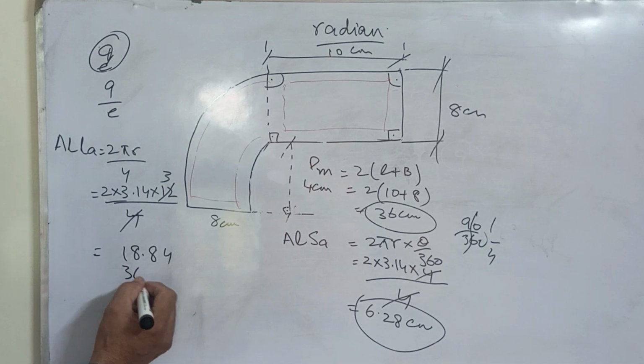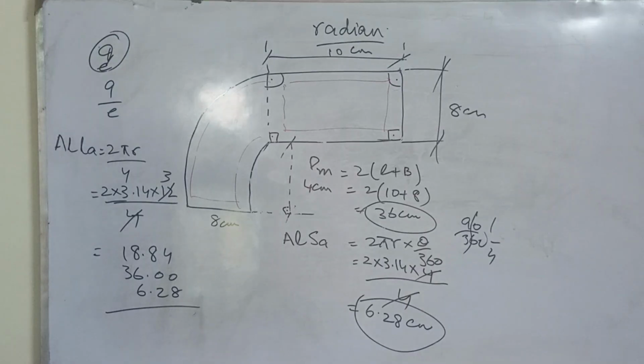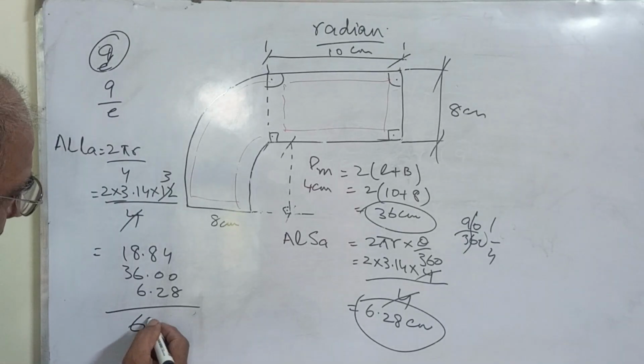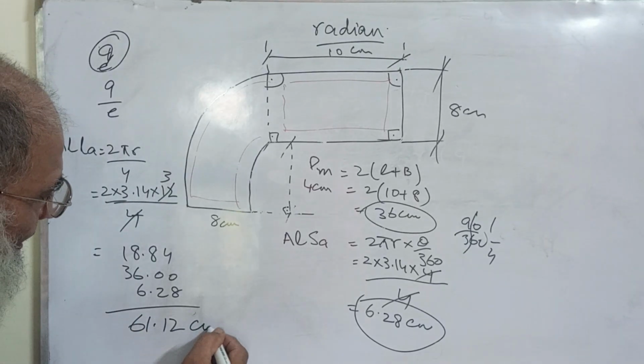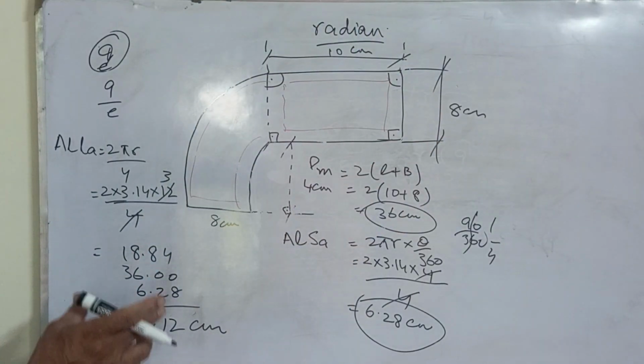Just add them up. Add all the figures: 36 plus 6.28 and 18.84. It is 61.12 centimeter.